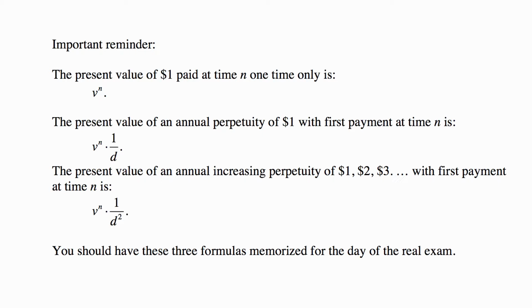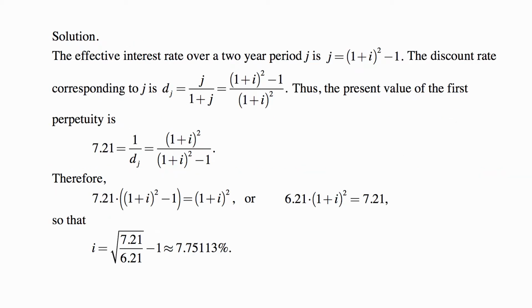So the present value of an annual perpetuity due starting at time 0, increasing in this fashion, 1, 2, 3, and so on, is 1 over d squared. You should have these three formulas memorized for the day of the real exam. Okay, so we have the solution here.